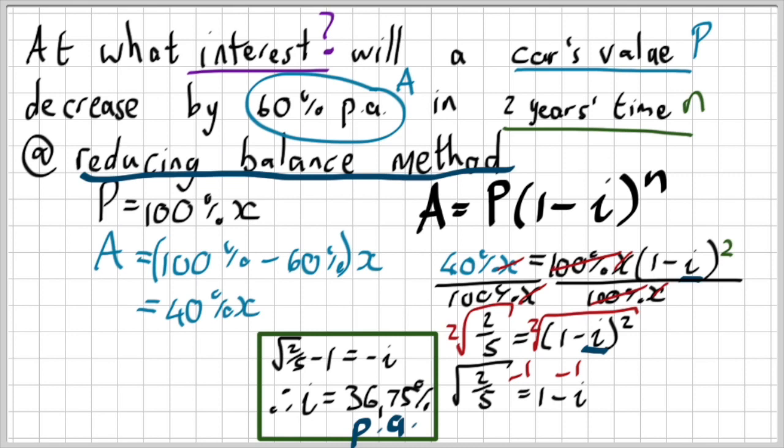This means that your car actually has value for longer. That's why it's used in the marketplace for bigger items, because a car you could drive for 10 or 20 years, even though it loses value every single year.